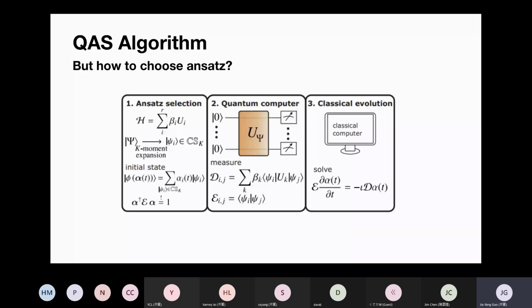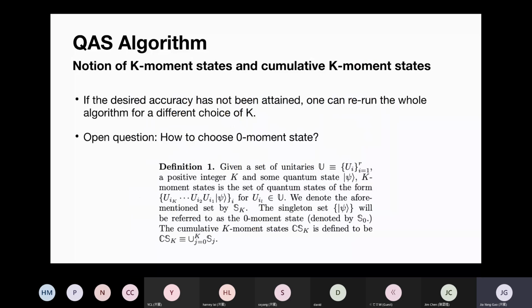So in definition, you can systematically construct many moment states, and you can collect them together, denoted as C_K, called the cumulative K moment state. And you can construct these states by the unitary part.